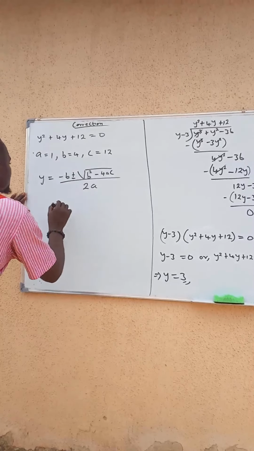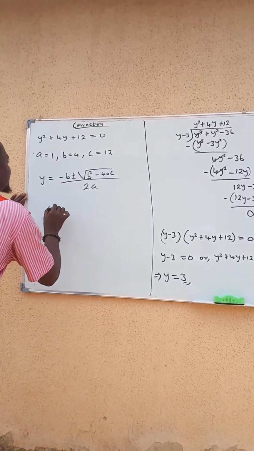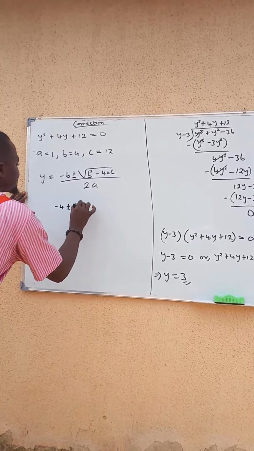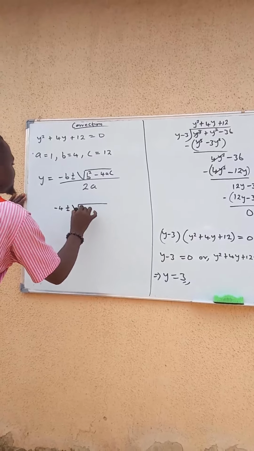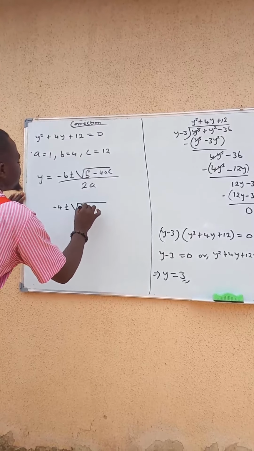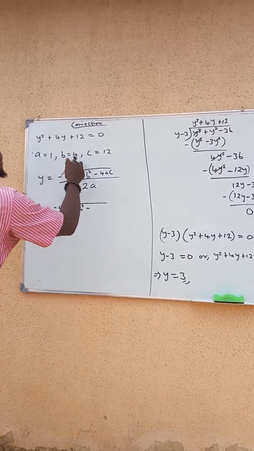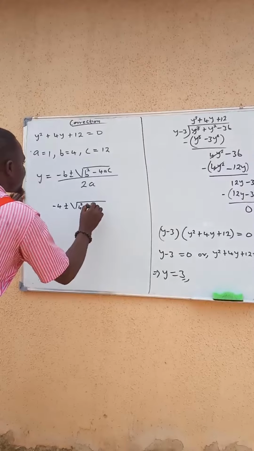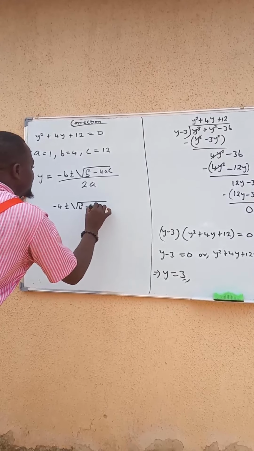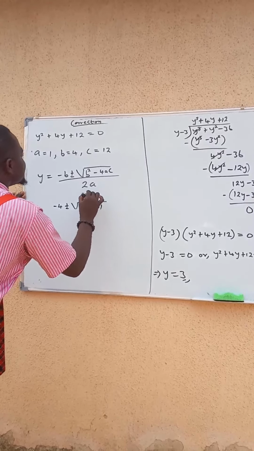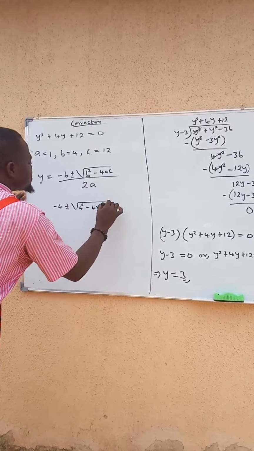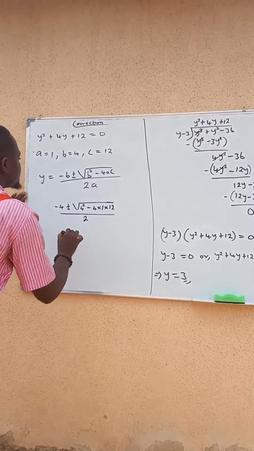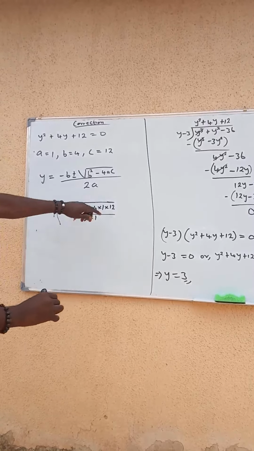So I'll now substitute. This will now give me minus 4 plus or minus the square root of 4 squared minus, since there's no minus in the parameters, I don't need to put the brackets. Now 4 times 1, which is a, times 12 over 2 times 1, because a is 1.